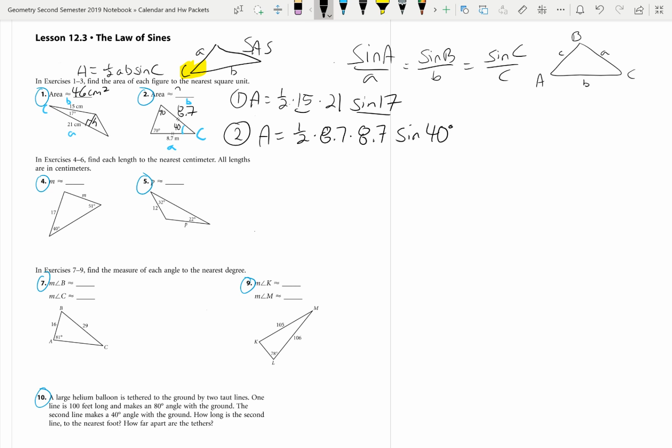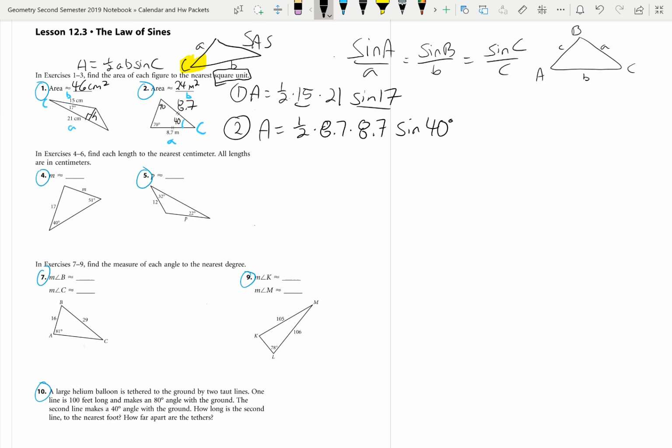There we go. 24 meters squared. 8.7 times 8.7 times 0.5 times sine of 40. Yep, that's what it is. Now we are rounding to the nearest square unit, which means the nearest whole number. That's why it's 24 and 46. Okay, that is 1 and 2.